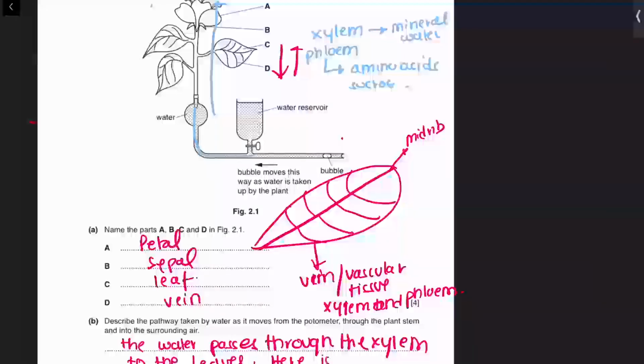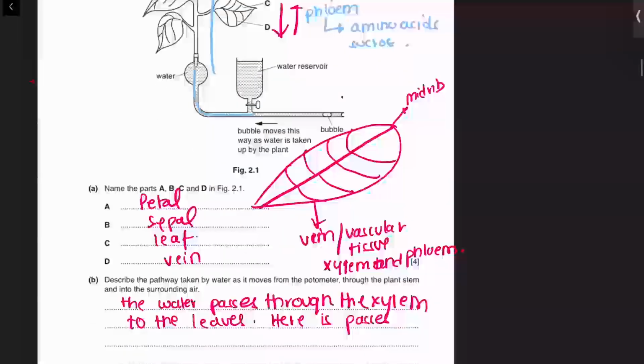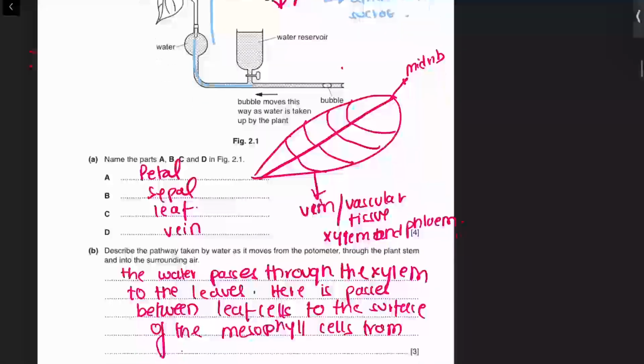Here it passes between leaf cells to the surface of the mesophyll cells, from which it enters the air spaces.